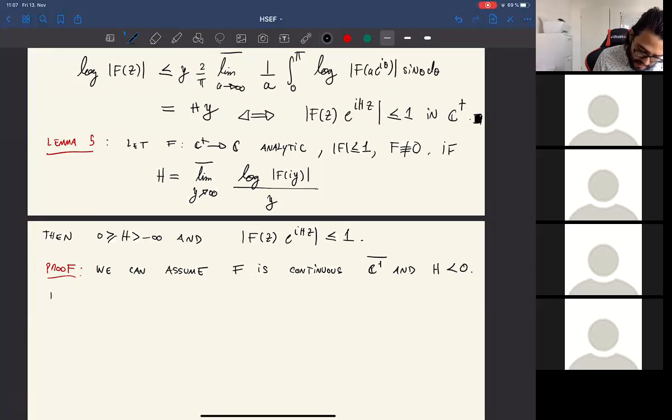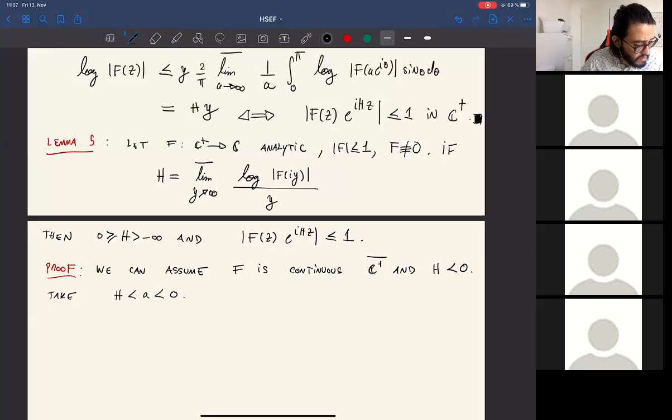Okay, so then take some negative number a between h and 0. Anyway, at this point, h could be minus infinity. I didn't show that it's finite.